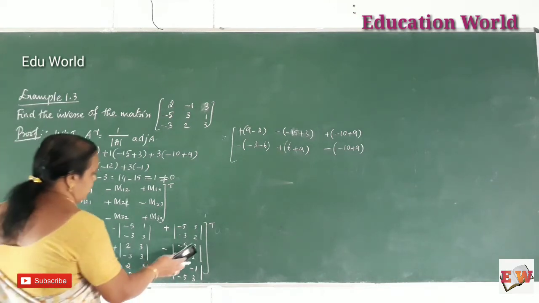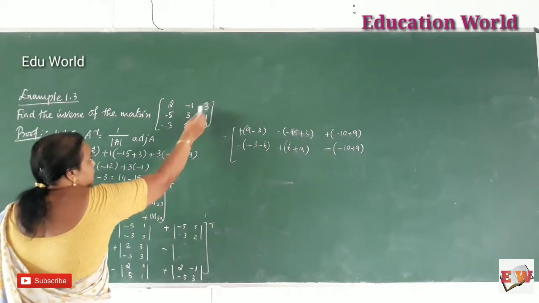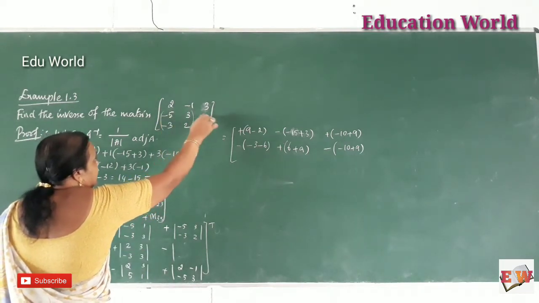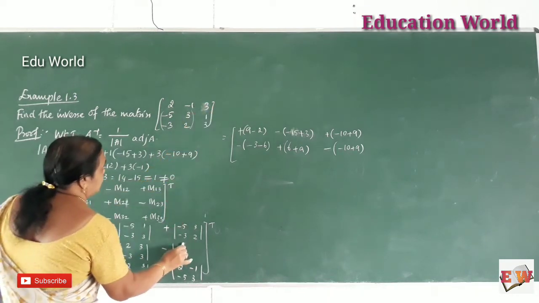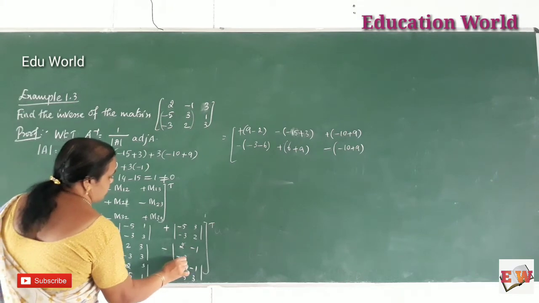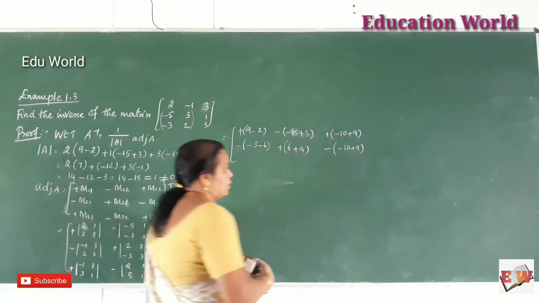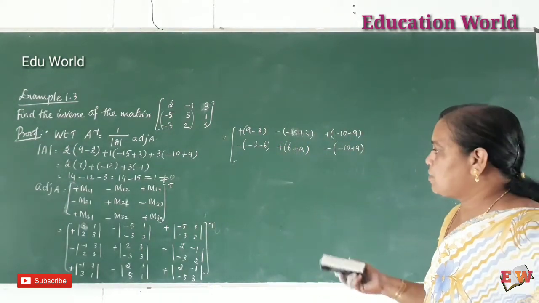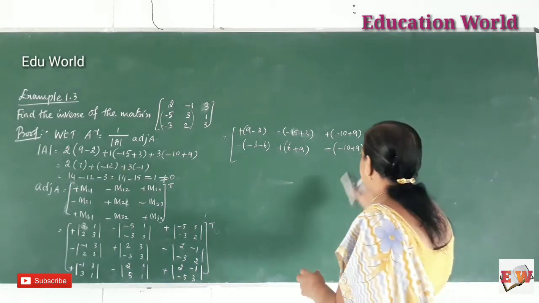See, I have written this wrongly. For this submatrix, for the entry 1, we want to delete this row and this column: 2, minus 1, minus 3, 2. So if you do not give more concentration, we can easily make a mistake.